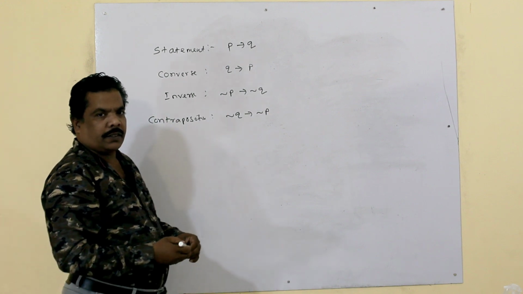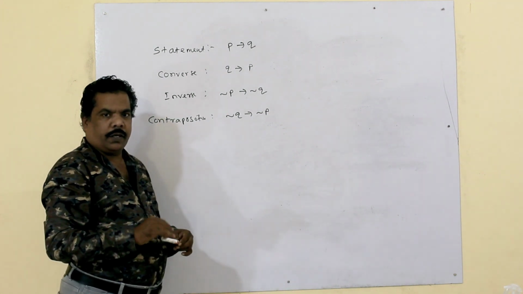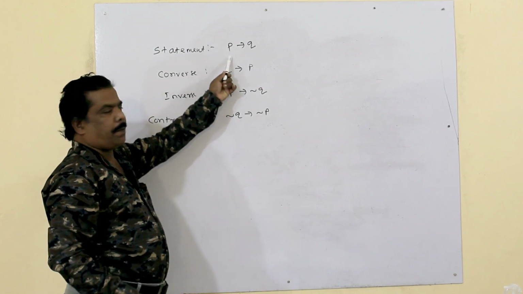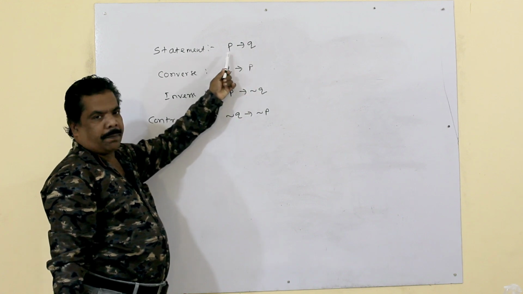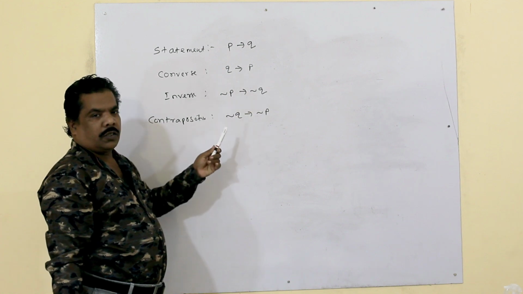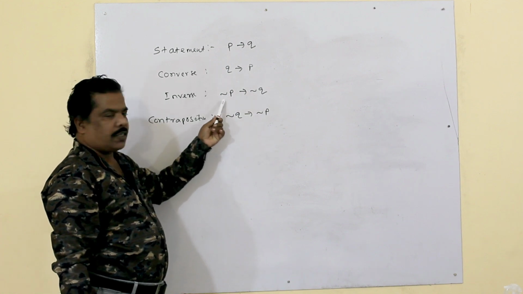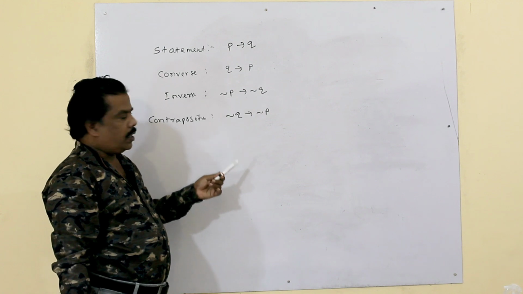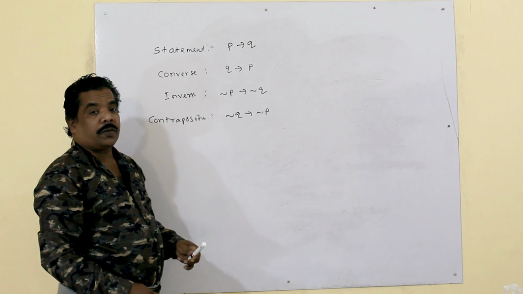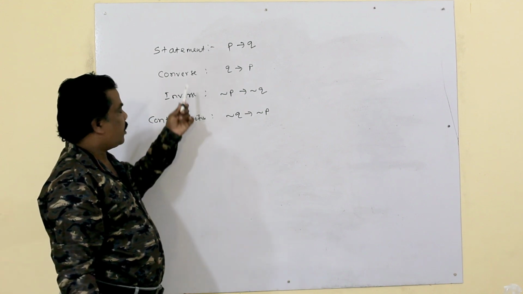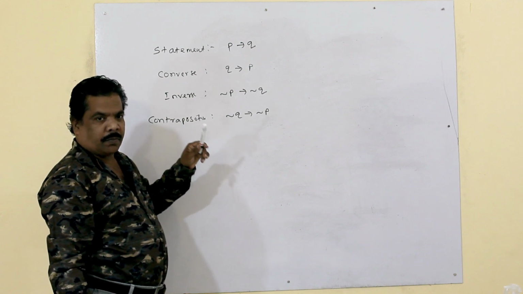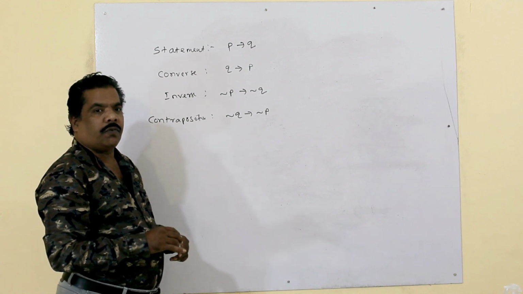If a statement is in conditional form, that is, if P then Q or P implies Q, then converse is Q implies P. Inverse is negation P implies negation Q, and contrapositive is negation Q implies negation P. When you find the converse, inverse and contrapositive, the statement must be in conditional form.